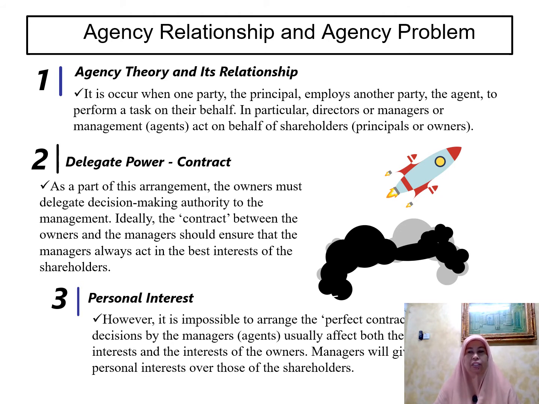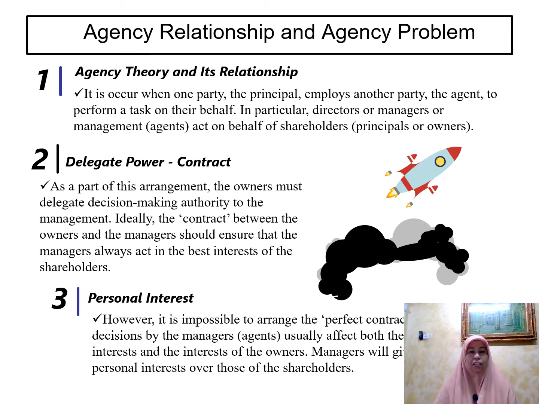As part of this arrangement, the owners must delegate decision-making authority to the management in a contract between the owners and managers. For that purpose, the managers must always ensure that they act in the best interest of the shareholders.